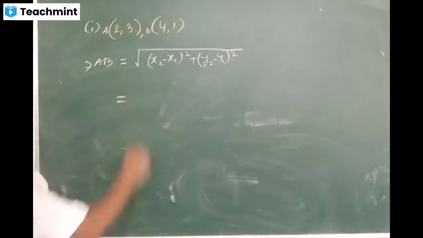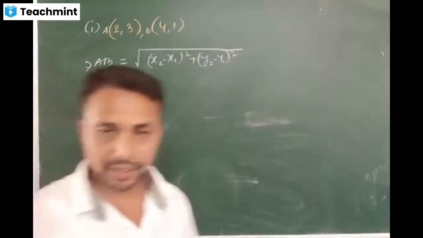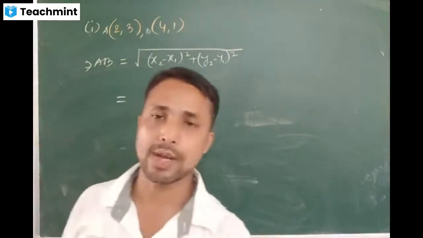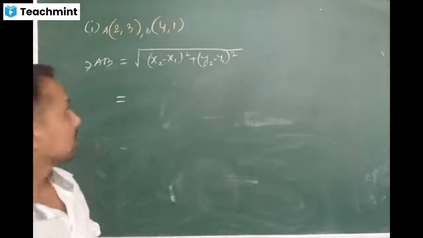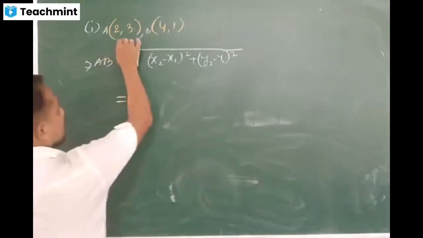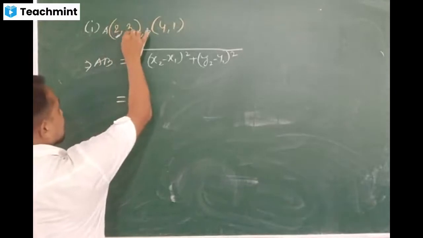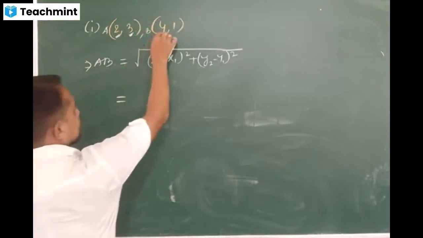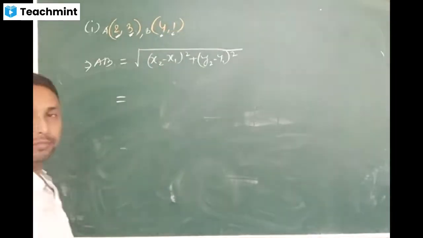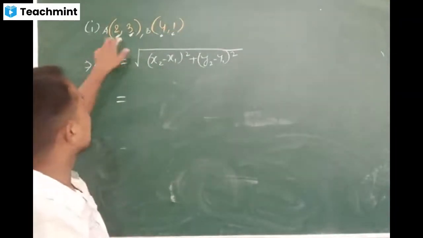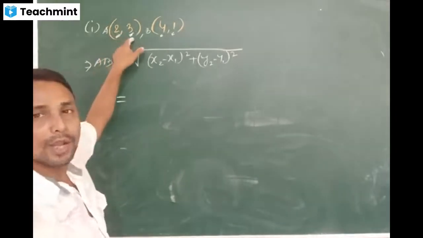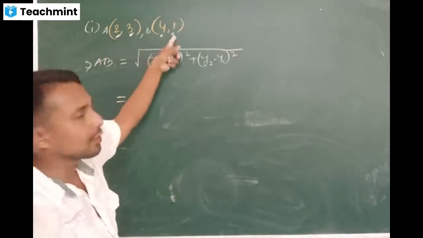Now here many of you may have difficulty finding which one is x2 and which one is x1. Generally, in a point the first value is x and the second value is y. Since we have taken this one as the first point, this is x1 and y1, and then x2, y2.